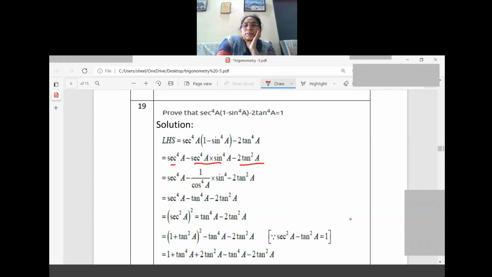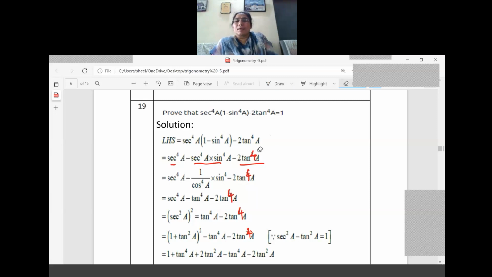So let me see the step, I think. Okay, let me check that one whether we are getting or not. It should be, I think it is a tan square A. I'll do the corrections then.